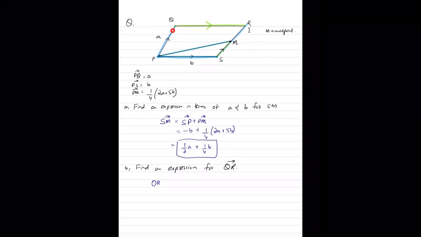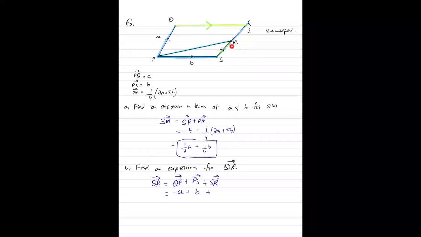You can first travel from Q to P, then P to S, and then S to R. Since you do not have directly QR, you can find QR by taking the alternate route Q to P, P to S plus S to R. So QR is basically the resultant vector or the addition of QP plus PS plus SR. QP is negative A, PS is positive B, and SR is going to be what?